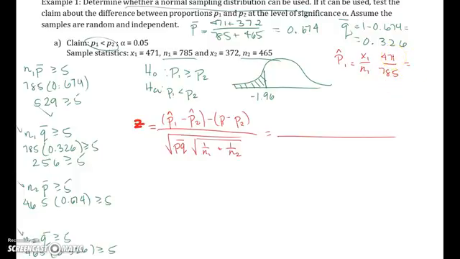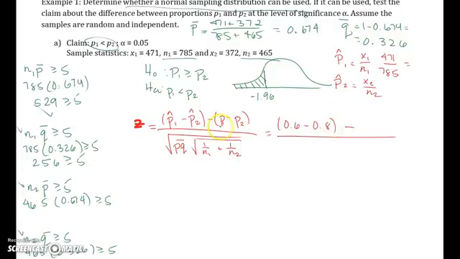When I divide that, I get about 0.6. Minus P hat for the second one, which is X2 divided by N2. So X2, 372 divided by 465. When I divide that in my calculator, I get 0.8.